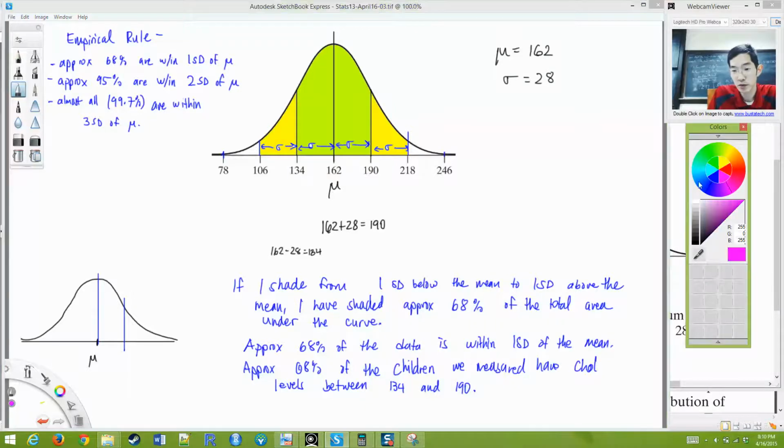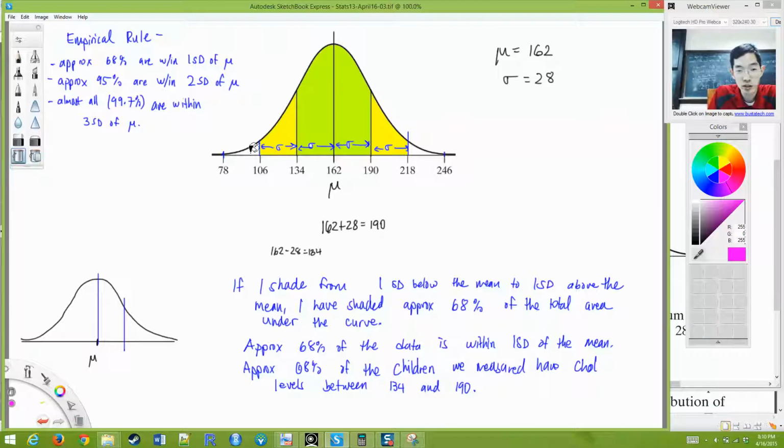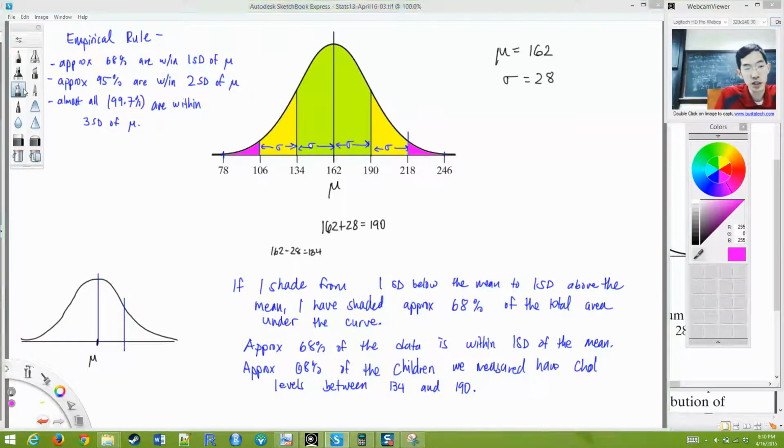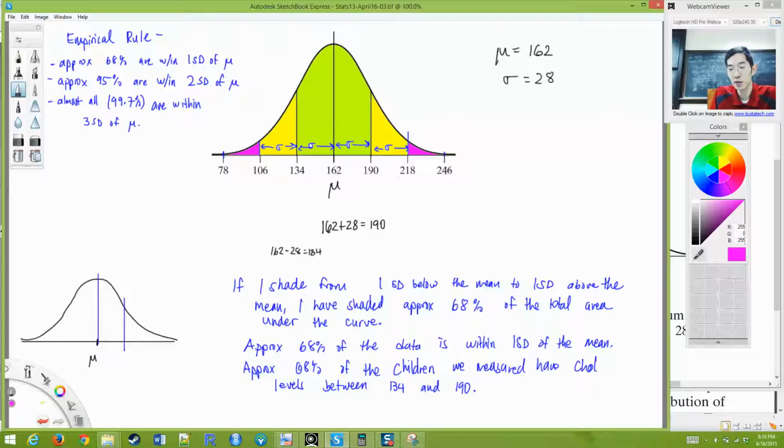Okay, so if I pick one more color here, and I fill this in, and so this I go out 3 standard deviations to 78 to 246, that covers almost everybody. Are there people who might have cholesterol levels higher than 246? Yes, it's possible. Are there people who might have cholesterol levels lower than 78? Yes, it's possible.